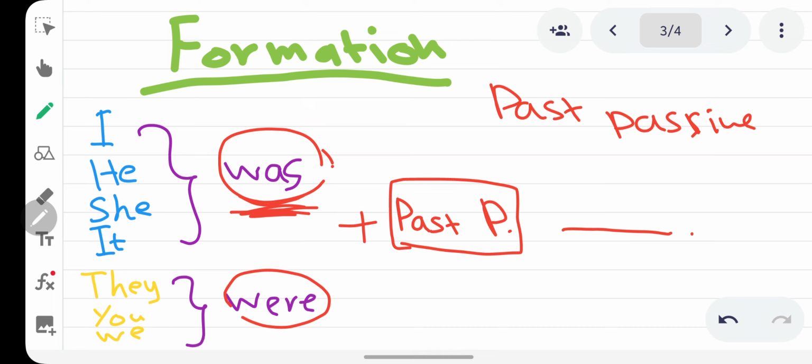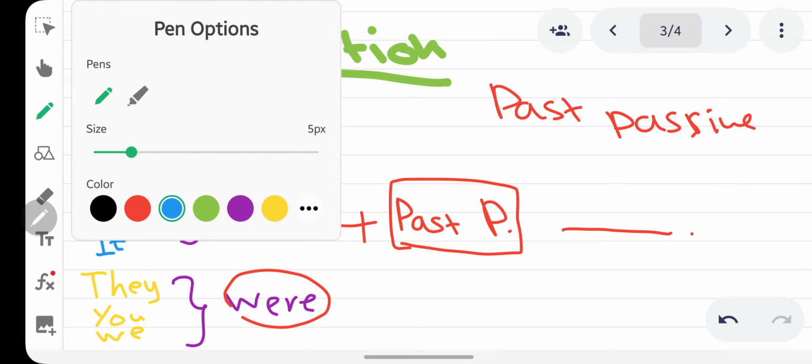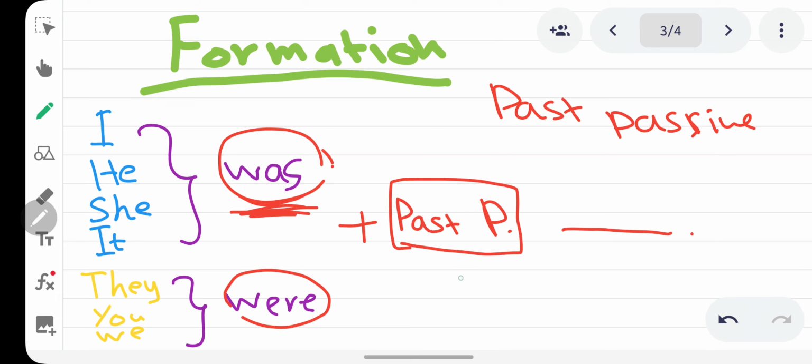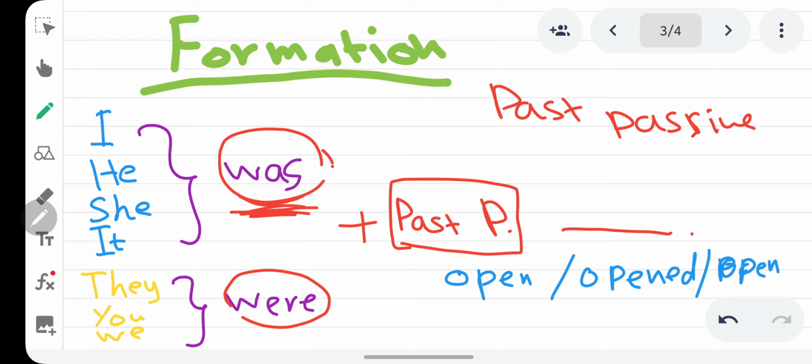Regular verbs are like this example. If we write open, the past of open is opened, and the past participle is also opened. Now this we call a regular verb.